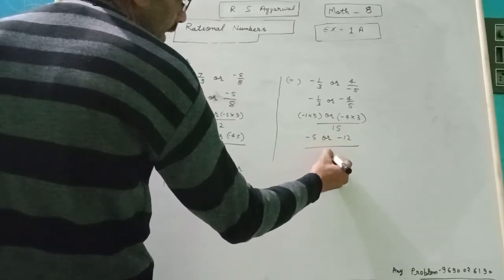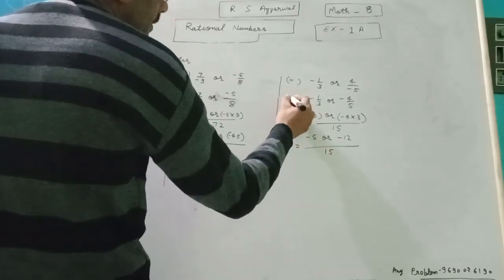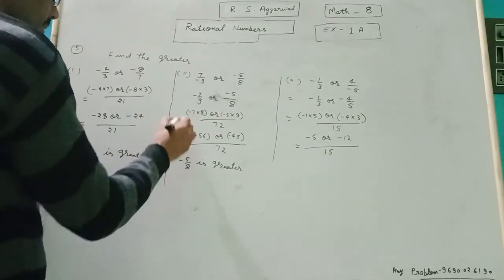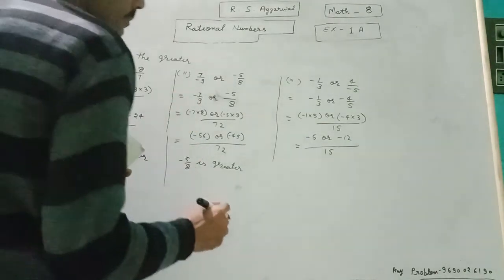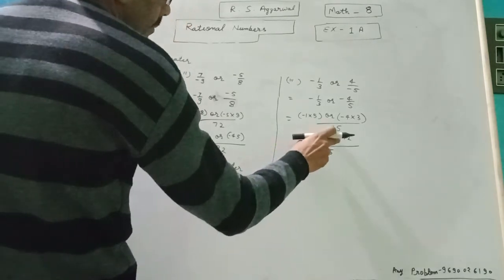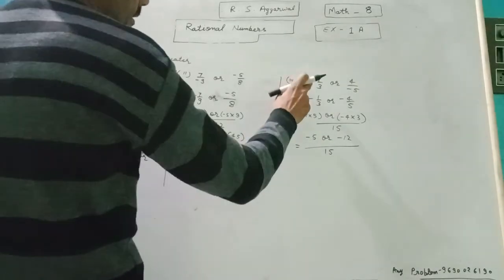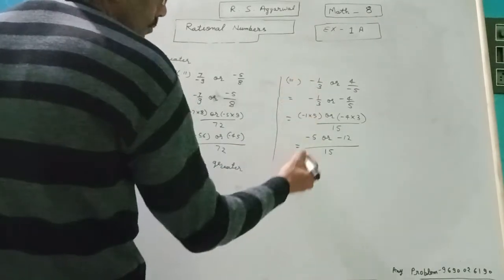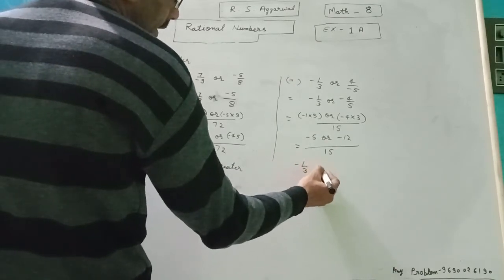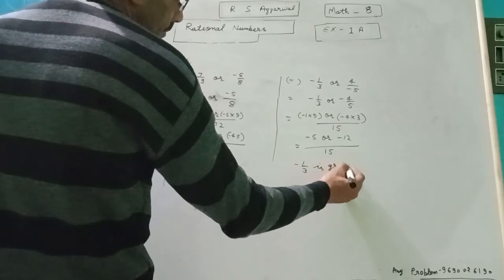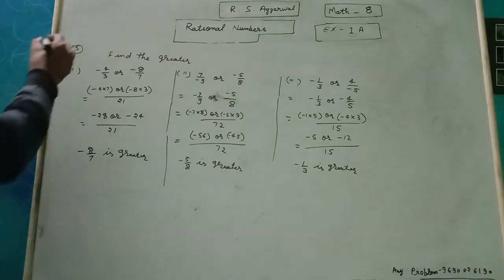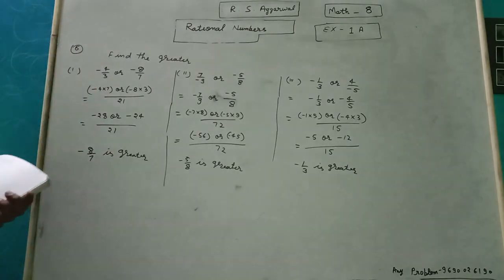LCM is same. Compare the numerators: minus 5 is greater. Minus 5 means minus 1/3 is greater. Question number 6, first 3 parts are complete.